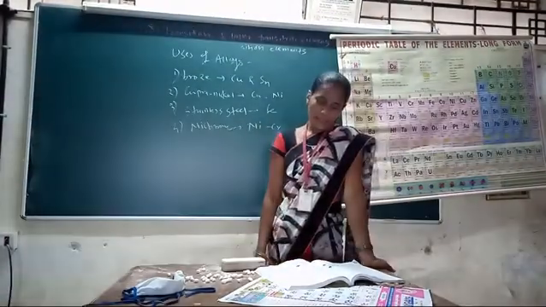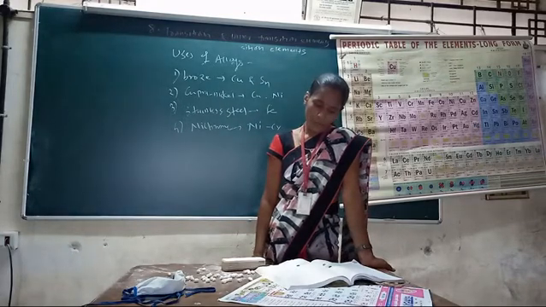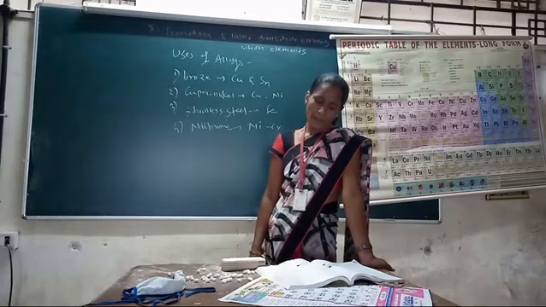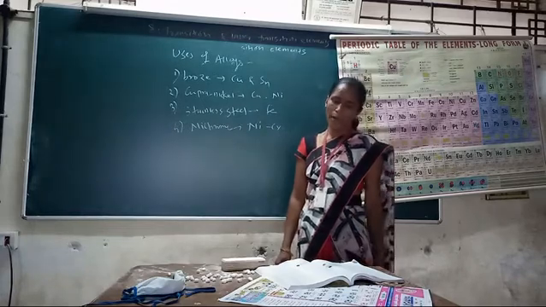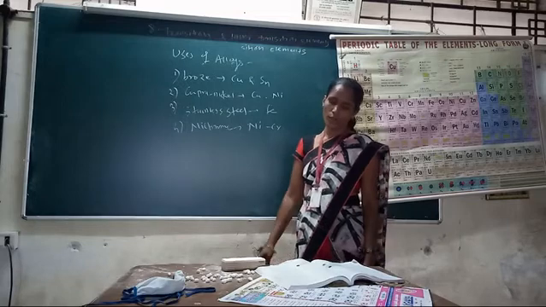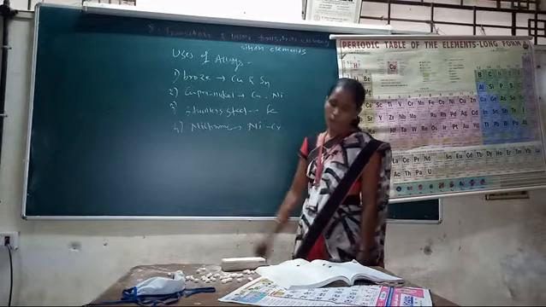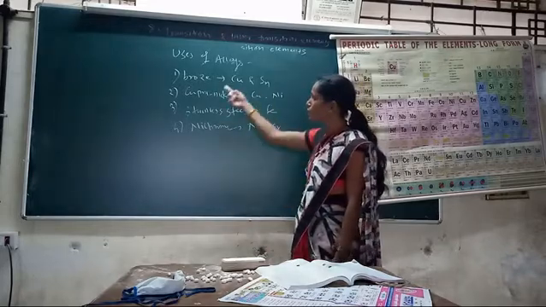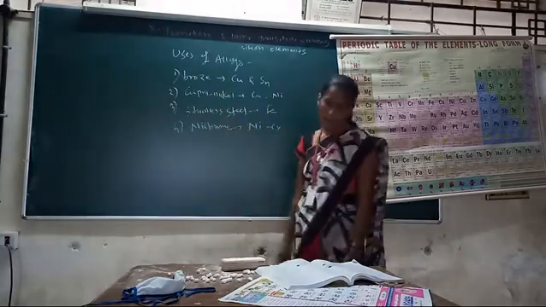And last is titanium, which is used for ultra high speed flights and for heat-proof exhaust shrouds and bulkheads. These are the uses of alloys: different types of alloys like bronze, cupro nickel, stainless steel and nichrome.